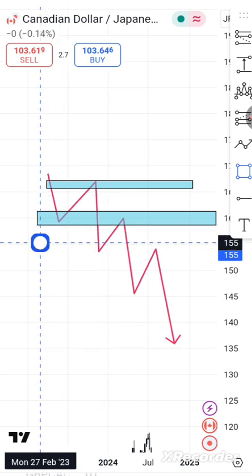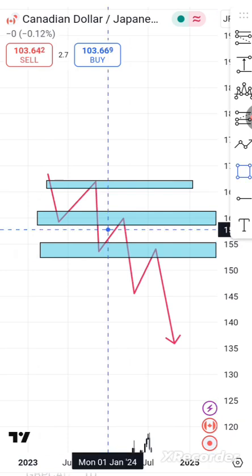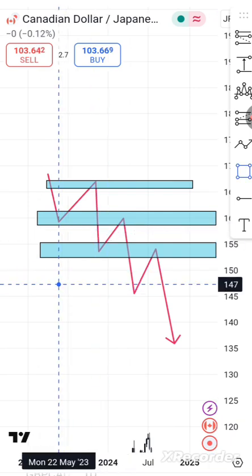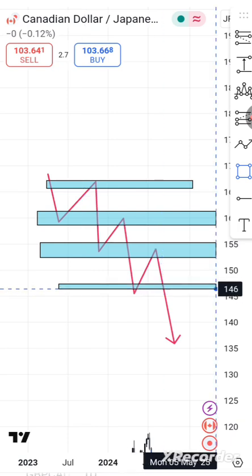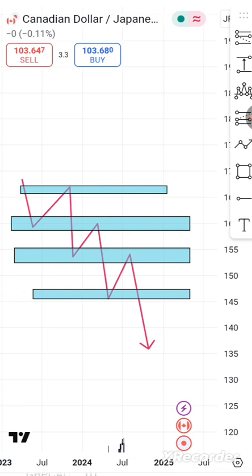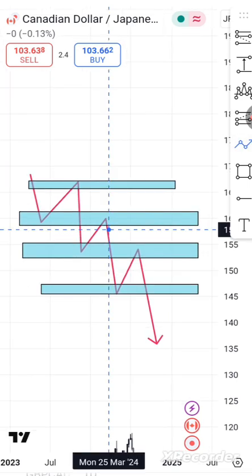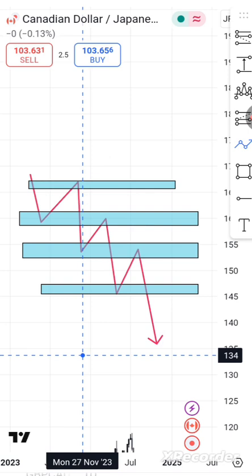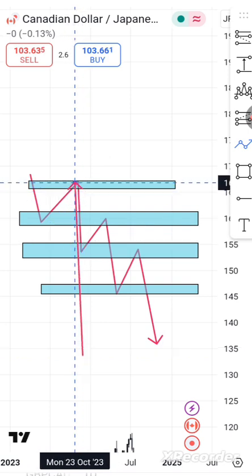I will explain that so you understand how this works. As you can see, we have our first resistance level here that I'm pointing at.